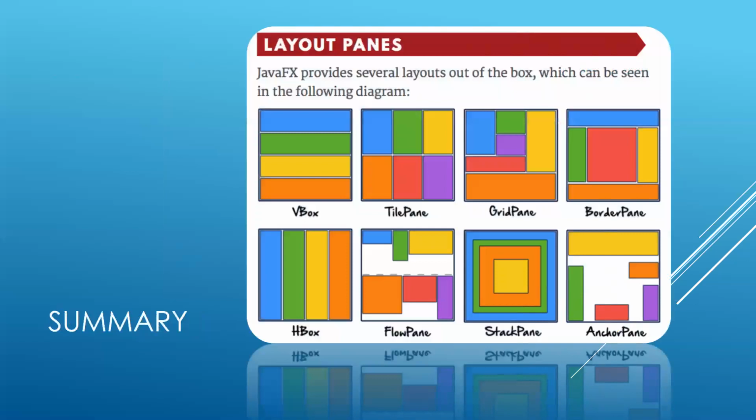An HBox is the same thing, only it's horizontal. I'm going to put all of these things side by side within this pane. Here's a tile pane, which is a lot like that one we looked at. You can tell there are so many different ones. This anchor pane gives us a lot of capabilities because we can actually say, I need an area over here and an area over there and an area over there.